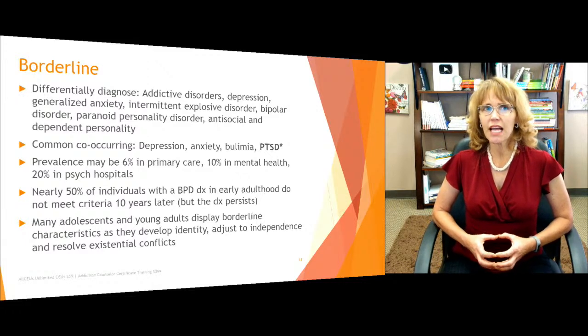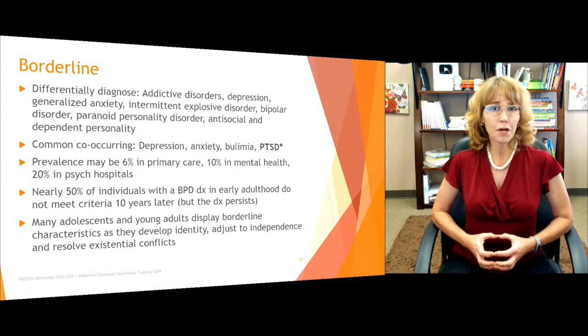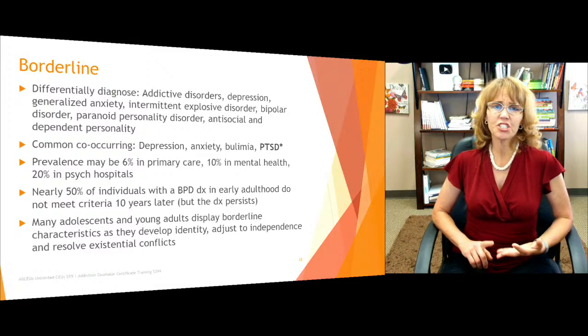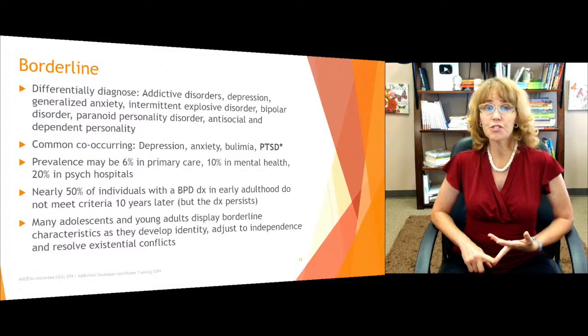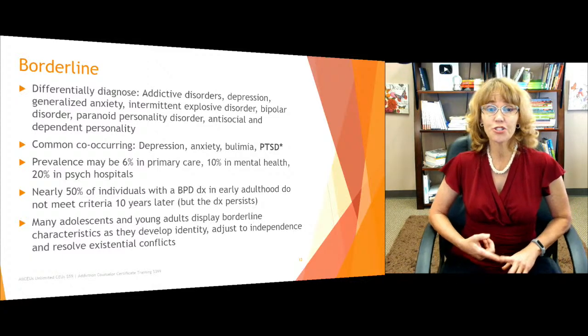Therefore, we want to look at the function of the symptoms for the person with the addiction. We want to rule out depression, generalized anxiety, intermittent explosive disorder, bipolar, paranoid personality, antisocial, and dependent.